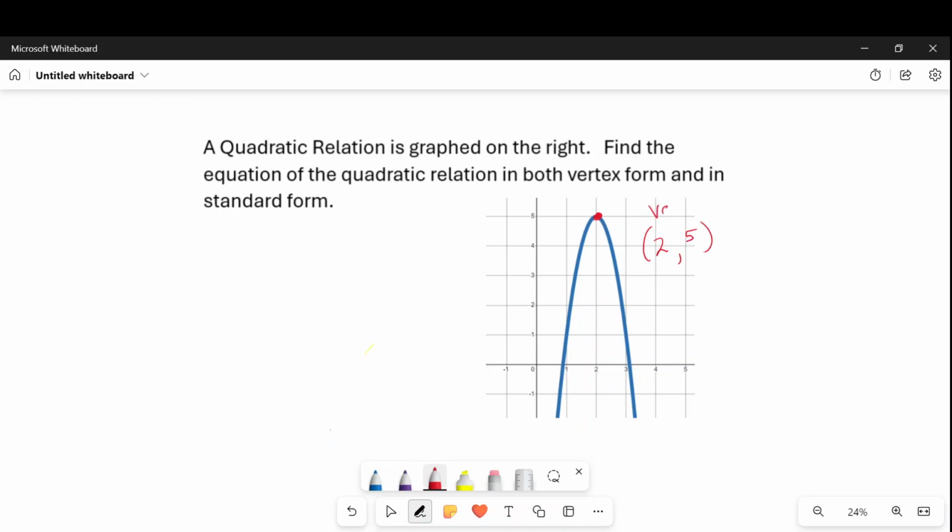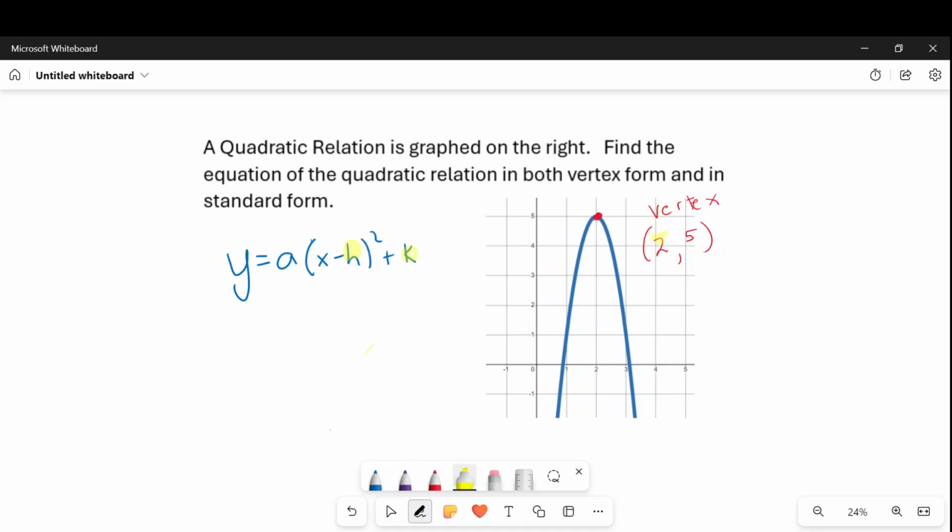So that's the vertex of the parabola, which means I can write a lot of the equation, but not all of it. So this is what the vertex form of a quadratic looks like. And the vertex is the part that fills out the h and k values.